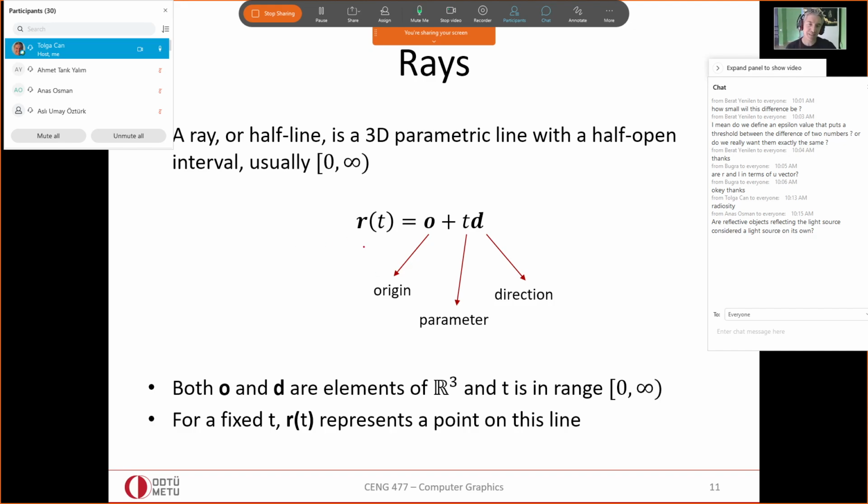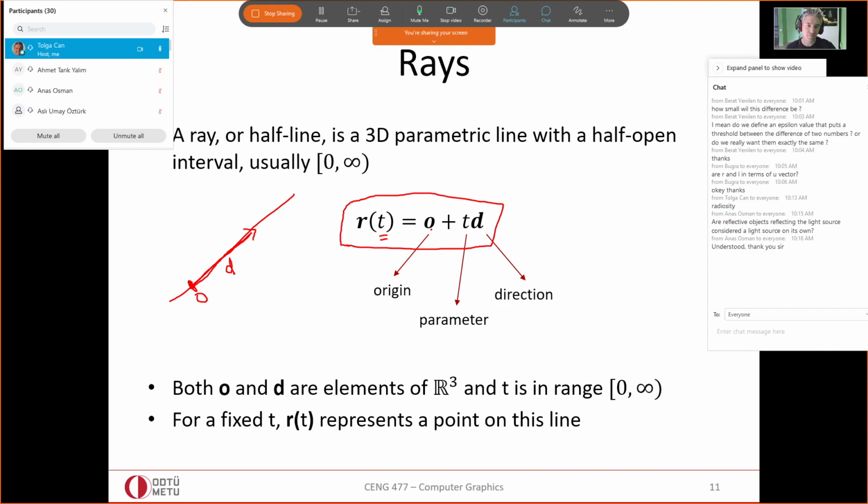So a ray, in parametric line equation, is very simple. Ray equations are really simple. There's a single parameter t with which we parameterize the line. For example, starting at O, this is the origin, and going in direction d, this is the d vector. Both of them are three-dimensional vectors.